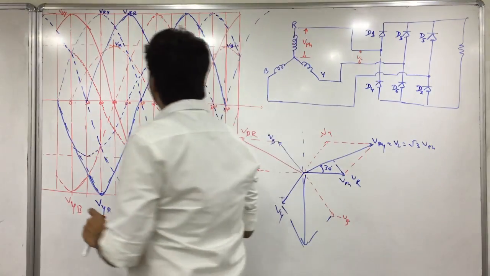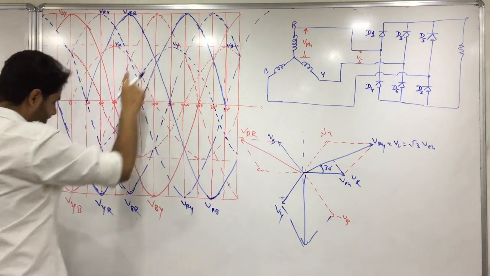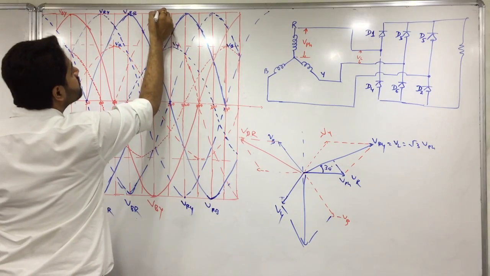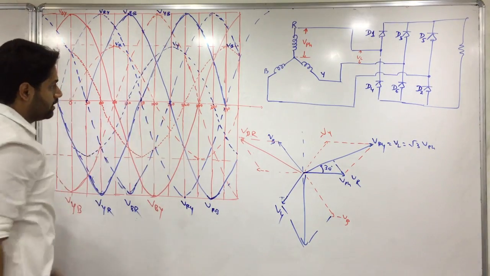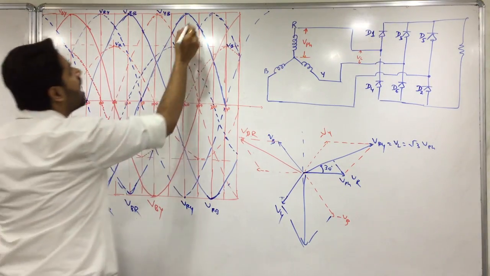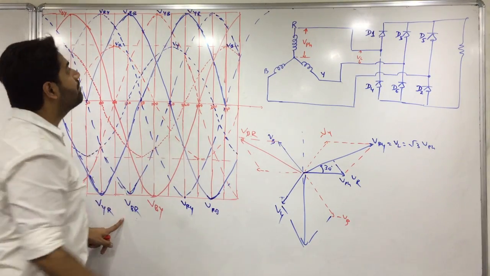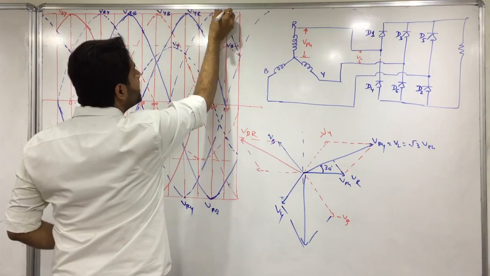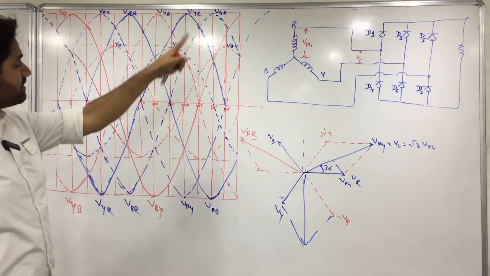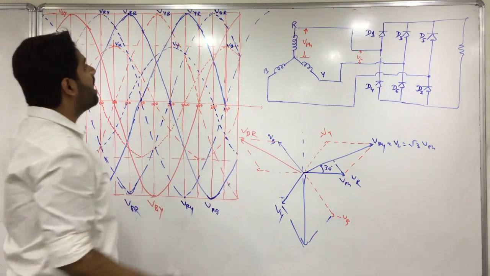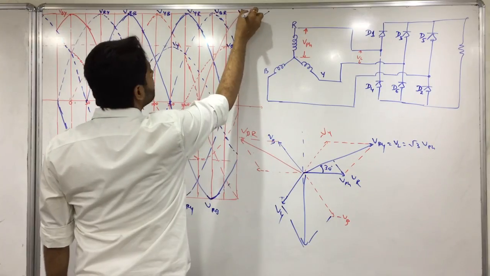Fine. Okay. Then this is my VYB. This is my VYR. This is my VBR. And again this is my VBY. Is it clear?